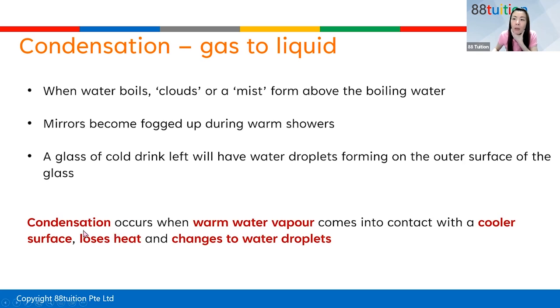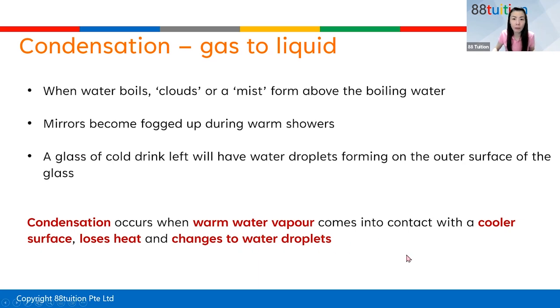Why is that so? Condensation occurs when the warm water vapor, there's a lot of water vapor in the environment, comes into contact with a cooler surface. The cooler surface can be the outer surface of the cold drink, or the surface of the mirror. So it loses heat and then changes to water droplets.